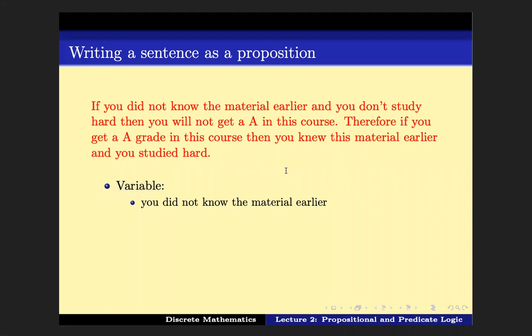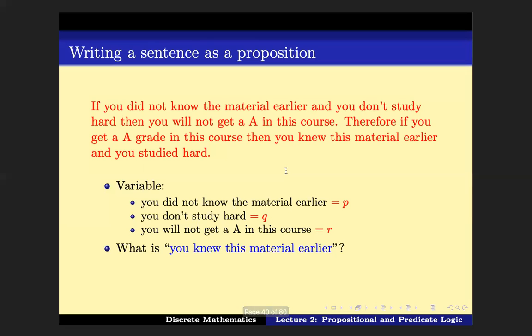You did not know this material, let's call this statement P. Similarly, you don't study hard, we can call statement Q. You did not get an A in this course, let's call it R. What about you knew this material earlier? Should we give it a new name? Not P. Exactly, we don't need a different name, this is not of P.